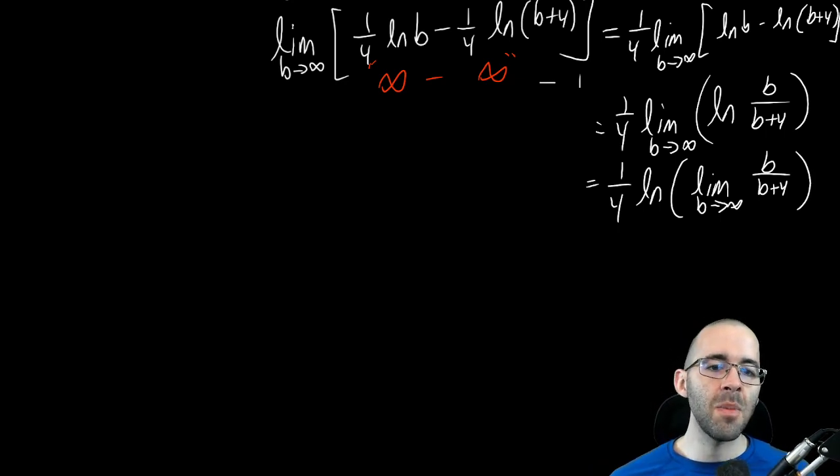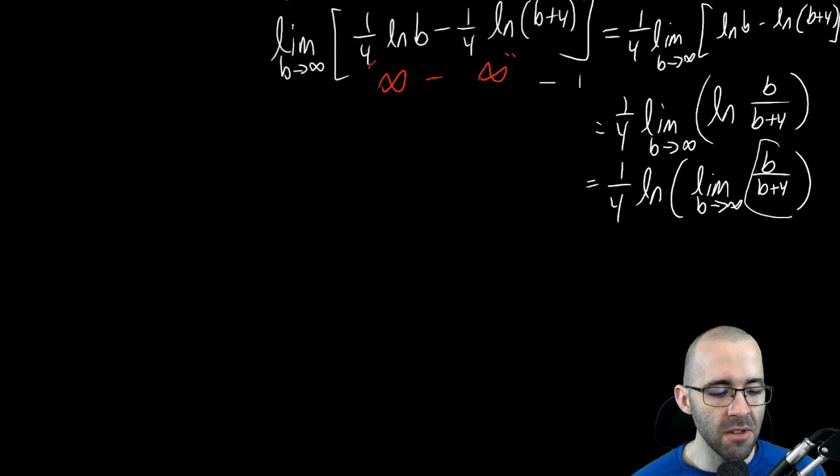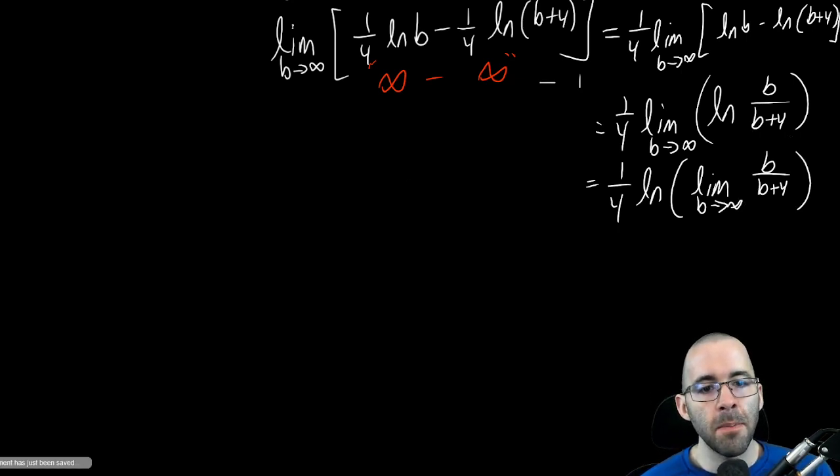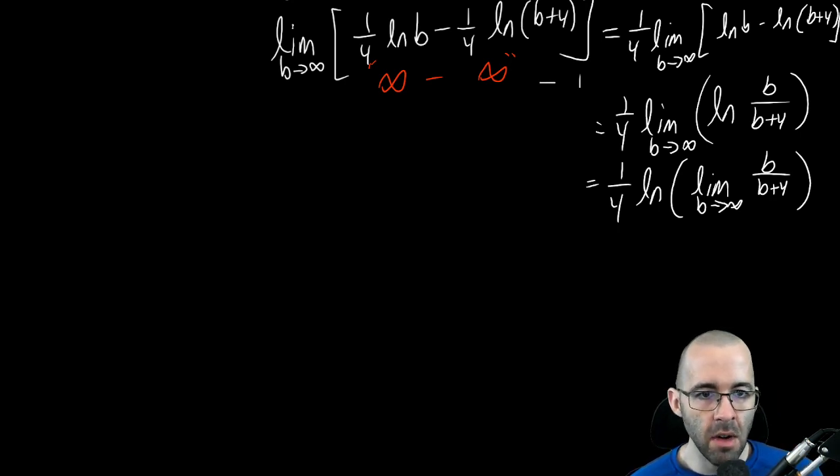As b gets infinitely big, what is the limit of this rational function? So it's a rational function, which means a polynomial over a polynomial. If the degree on the top is bigger, it's infinity. Degree on the bottom is bigger, it's 0.